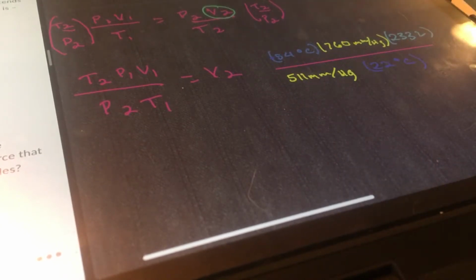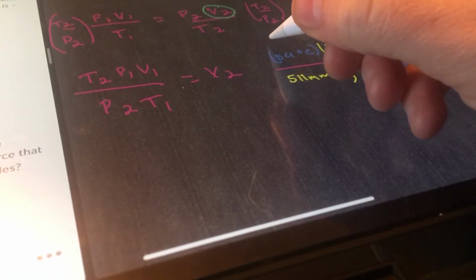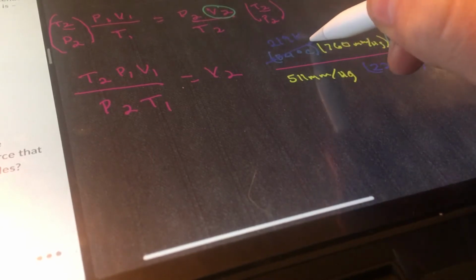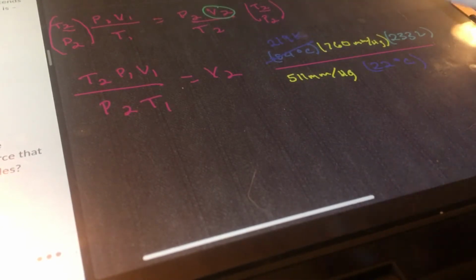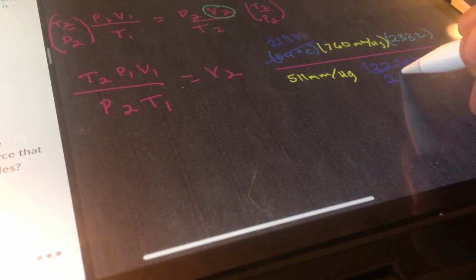So minus 54 plus 273 is going to convert it to Kelvin for us. So now we have 219 Kelvin. Down here, 22 degrees Celsius plus 274 is 296 Kelvin.